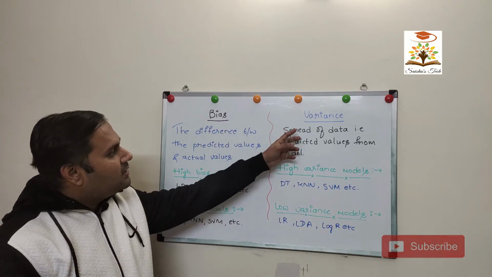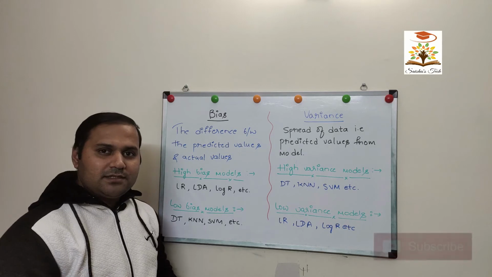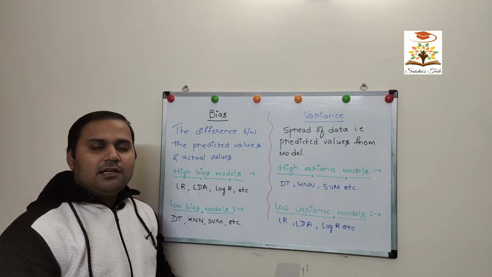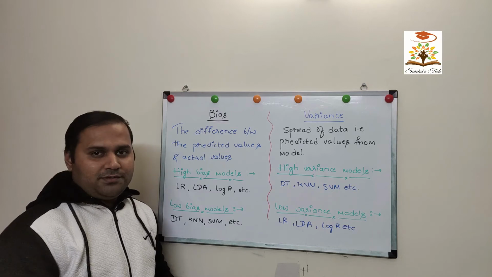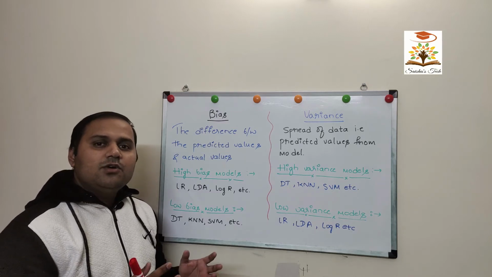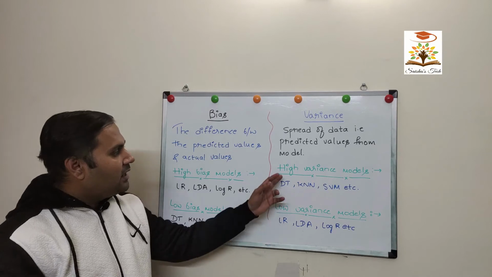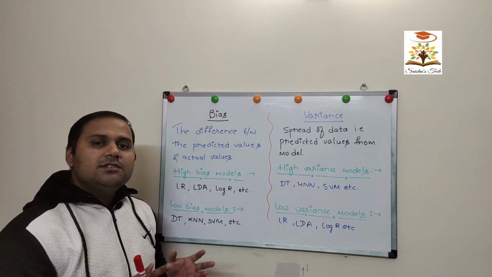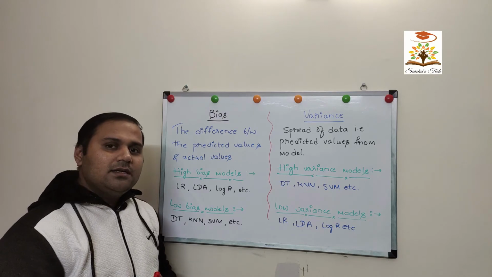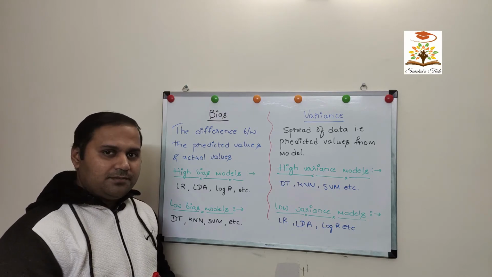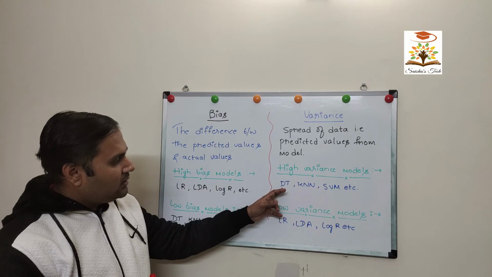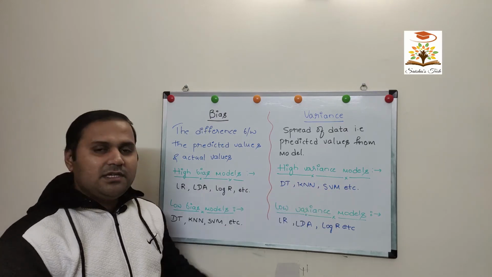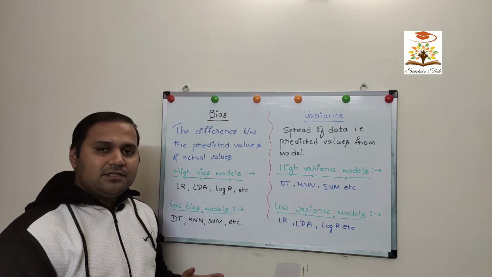Similar to bias, there is another concept called variance. Variance is the spread of data in our predicted output. There are two types of variance, high variance and low variance, and specific models provide different types of output. The nonlinear models like decision tree, k-nearest neighbor and support vector machine provide high variance output.